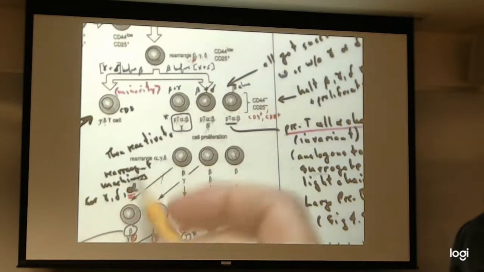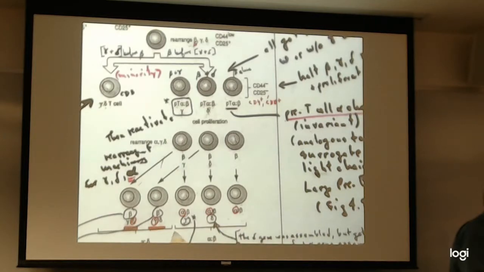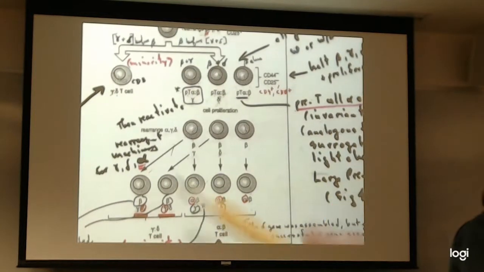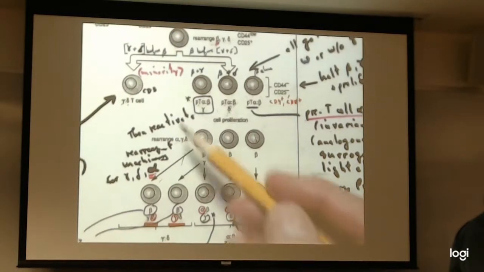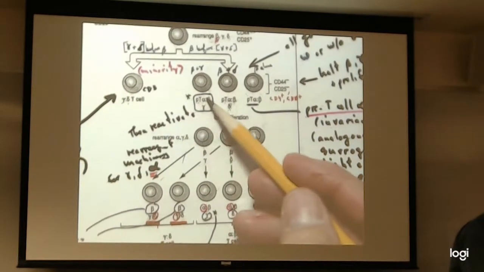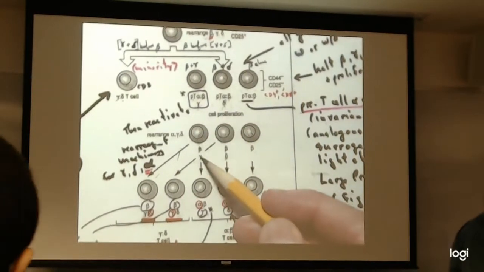Okay. So we have cell proliferation. After we've amplified the numbers, we resume the cutting and joining at the level of DNA. So here's this cell that made a beta chain gene, and it also made a gene for a gamma chain.